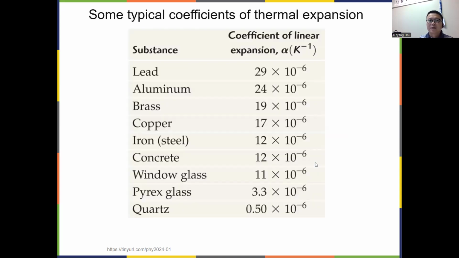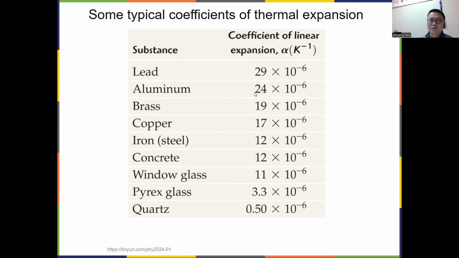All right. So if you need coefficients of thermal expansion for certain materials, you can come to this table. Metals typically have a larger coefficient of expansion than other materials. Okay, so lead is 29 times 10 to the minus 6, and 24 times 10 to the minus 6.